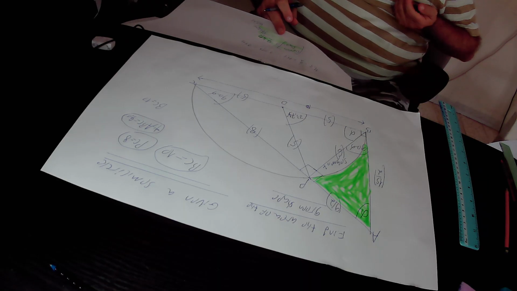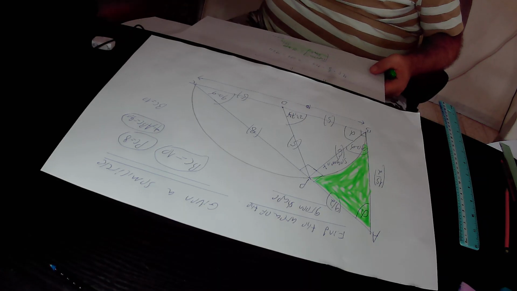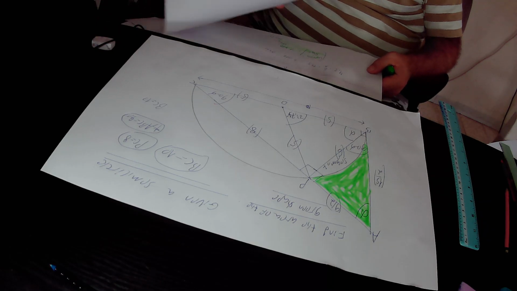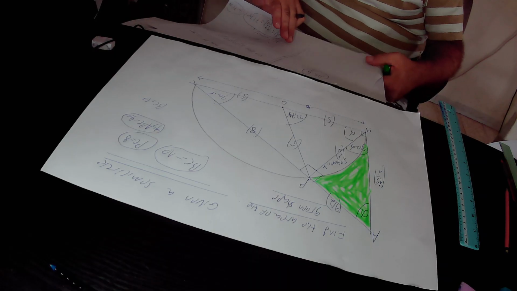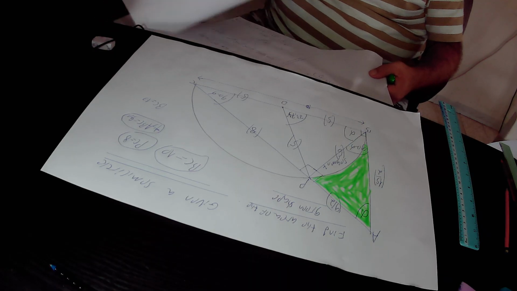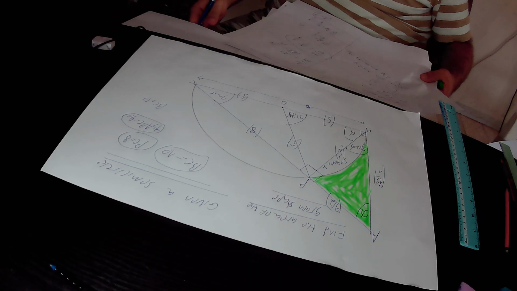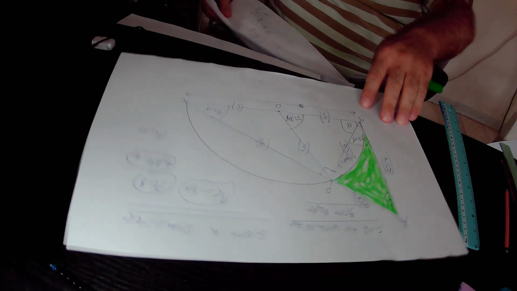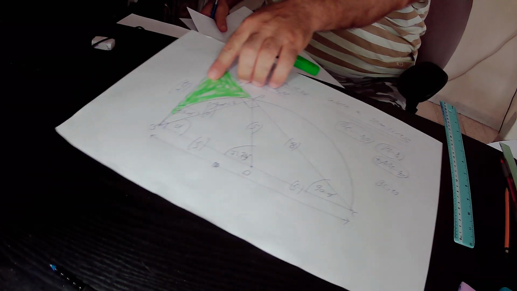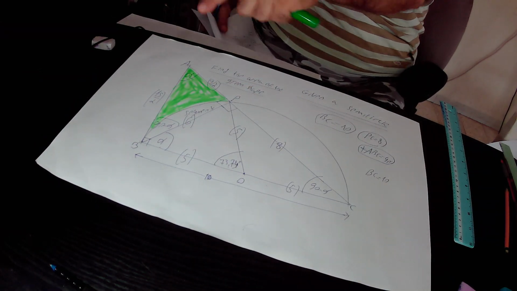Okay, so in the next step, I will summarize the lecture. In this lecture, our task was to find out the area of this green shape.